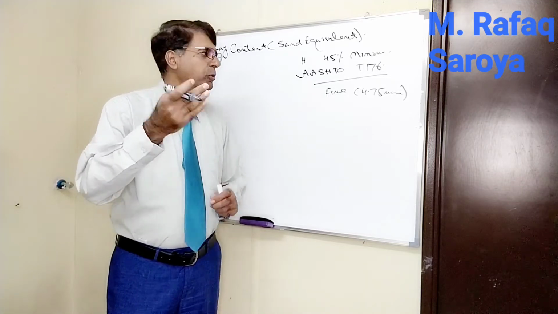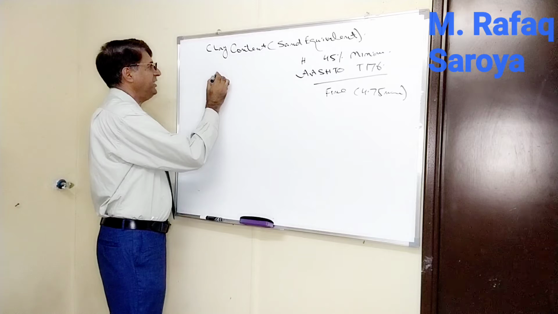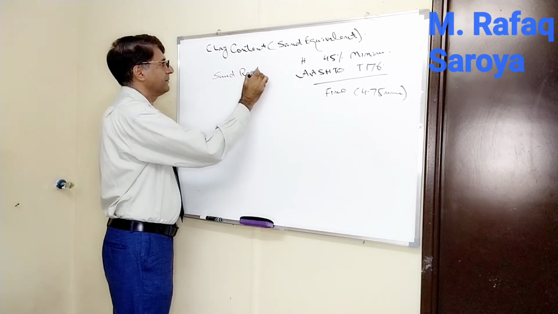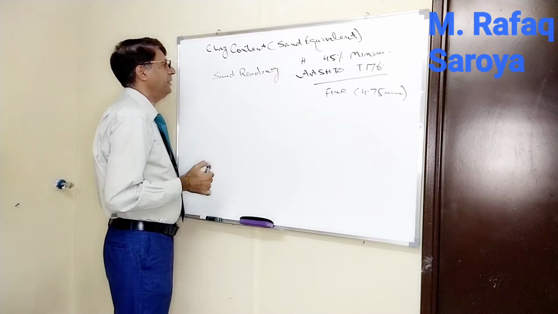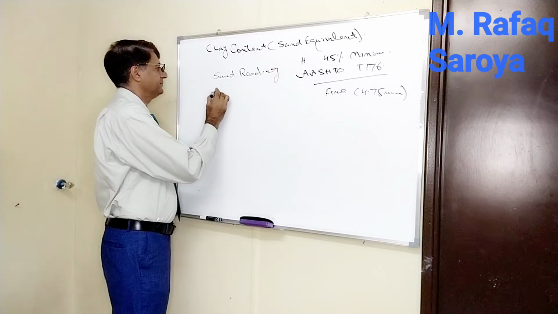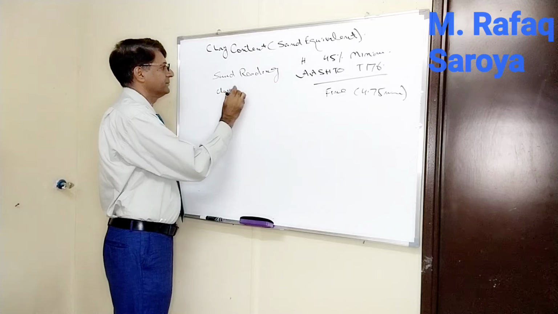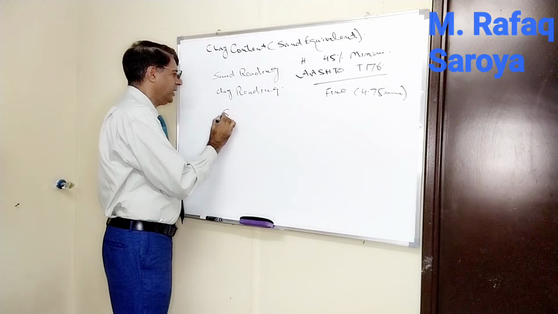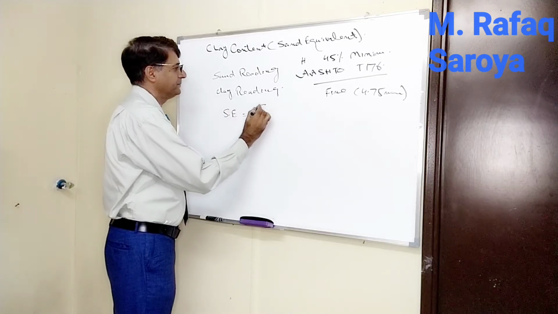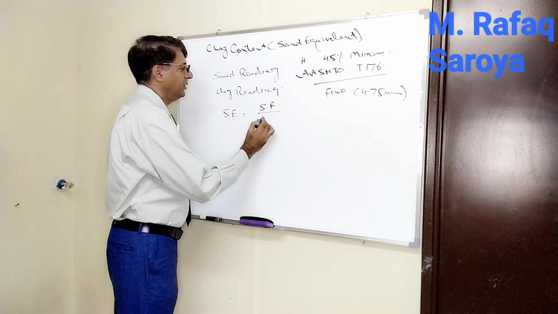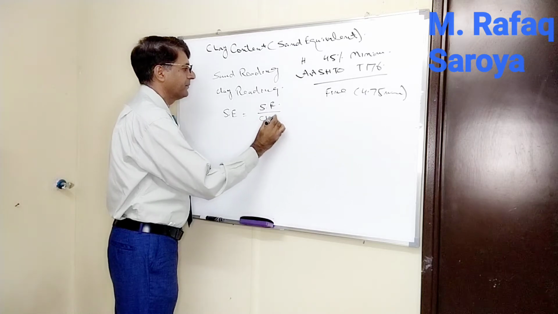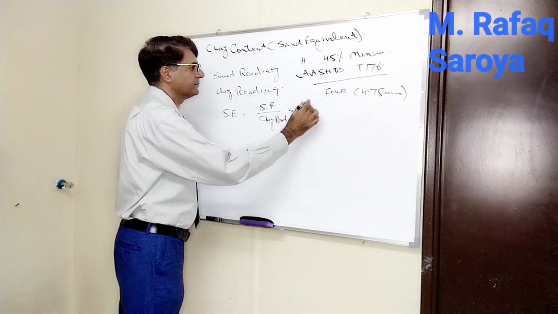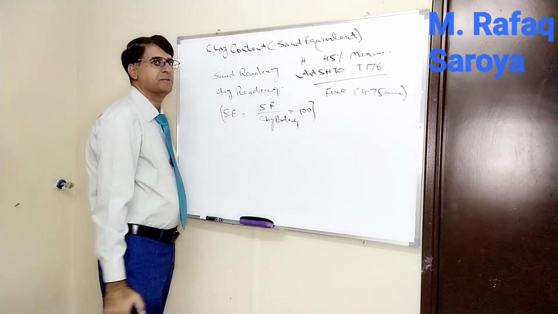Here we are going to take the sand reading, and second we are going to take the clay reading. Then we are going to calculate the sand equivalent: sand reading over clay reading, multiplied by 100. So this is the formula used for this one.